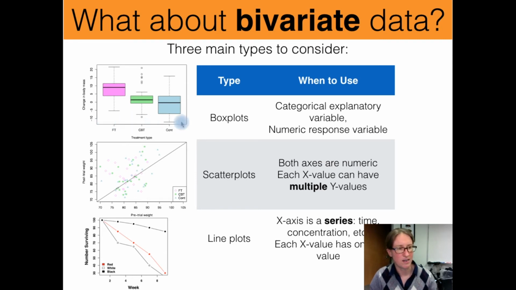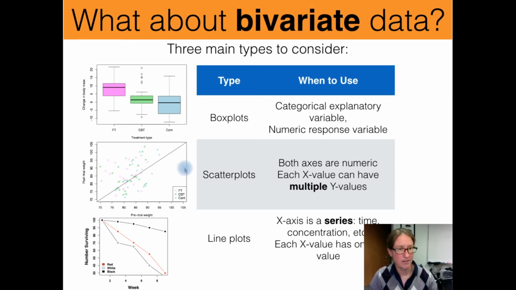So with our anorexia data, we've got three different categories of treatments. And when your response variable, your y variable, is something numeric and continuous. So we've got changes in body mass here. So that's pretty straightforward. So we're just going to look briefly then at these other two types to consider.